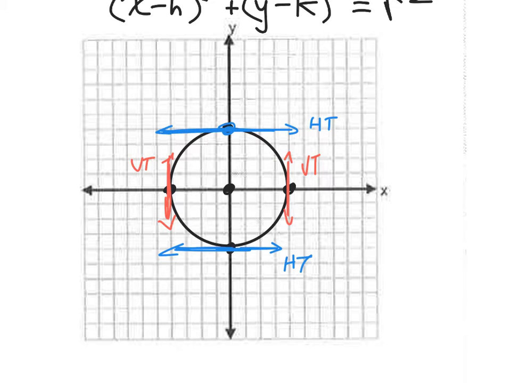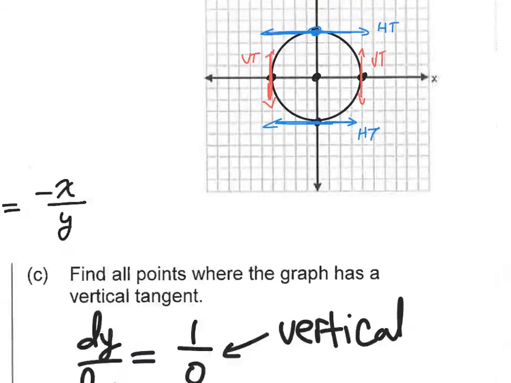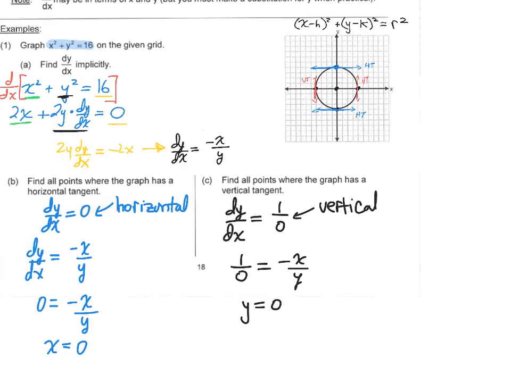For the vertical tangents, we're looking at negative 4, 0 and positive 4, 0. For the horizontal tangents, 0, negative 4 and 0, positive 4. So at 0, comma, plus or minus 4, and at plus or minus 4, comma 0.